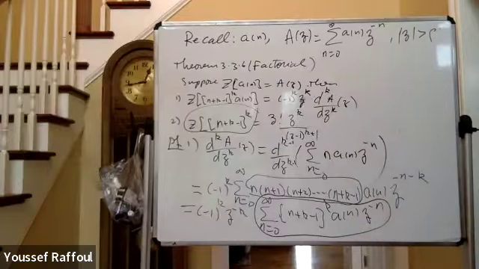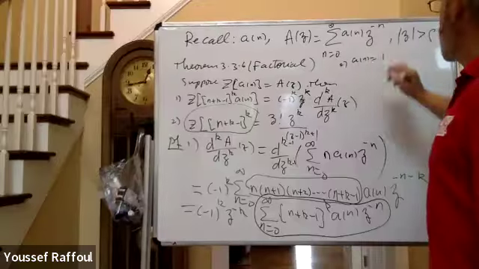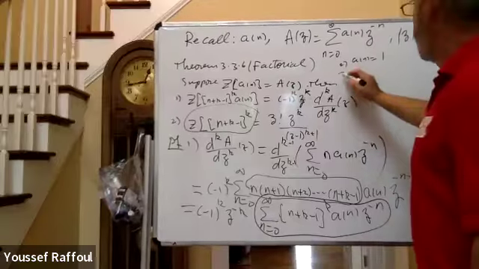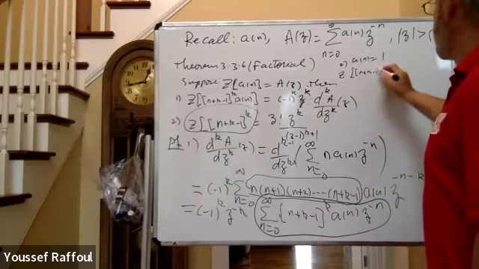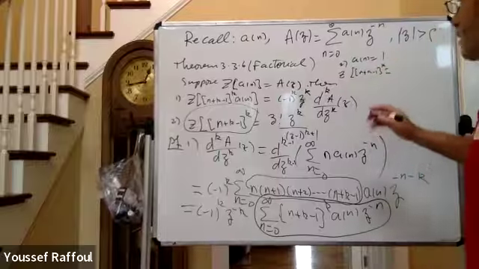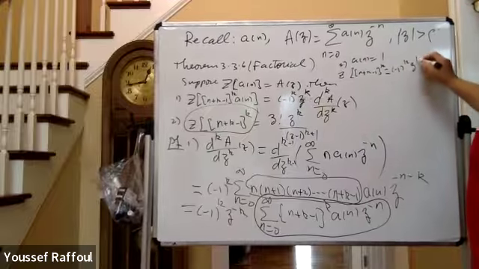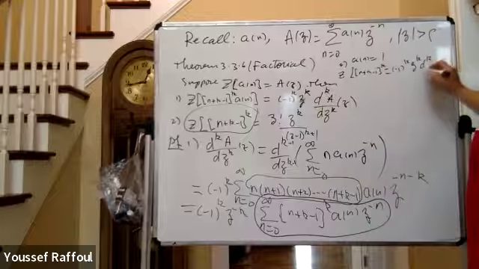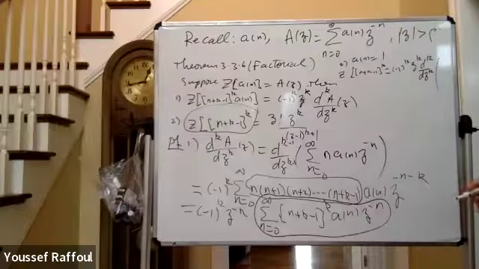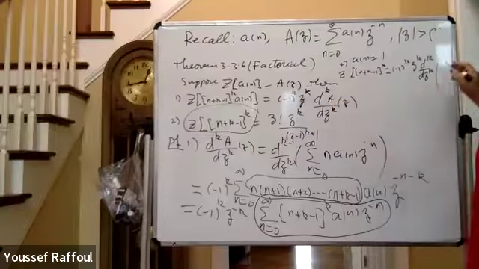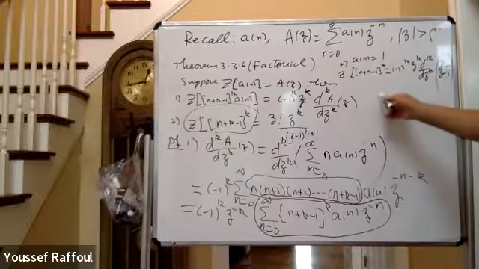All right. Part 2 is really simple. You have a_n is 1. So you have Z of (n+k-1)^(k) is, by this theorem, (-1)^k z^k d^k over dz^k of, what is the z transform? What is A(z)? A(z) is z over z minus 1.